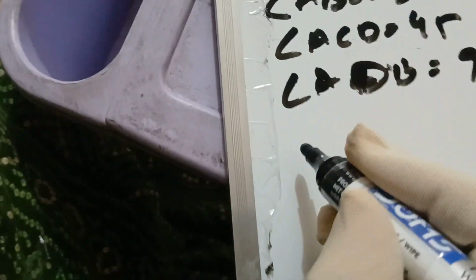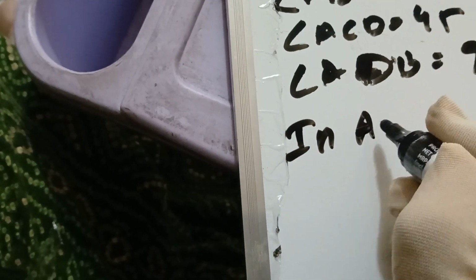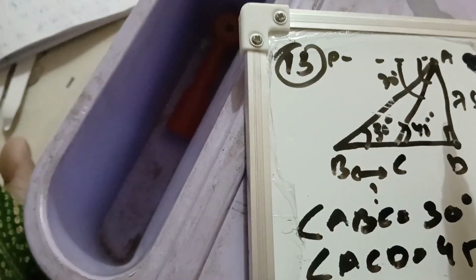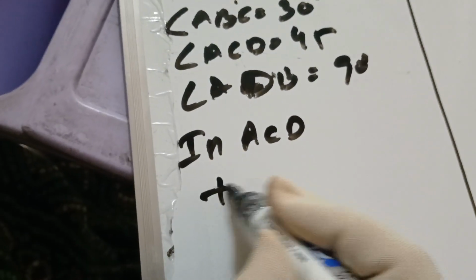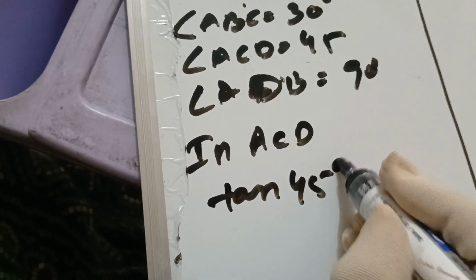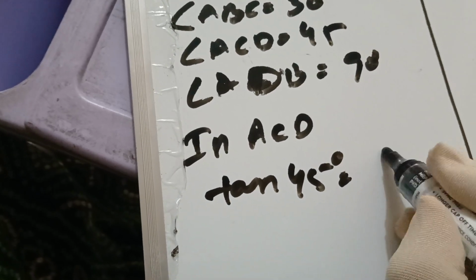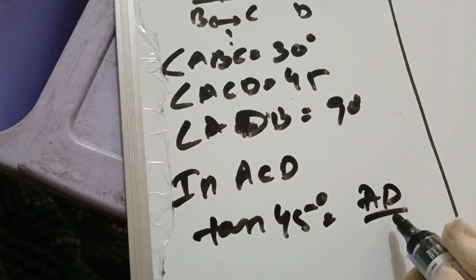Now in triangle ACD, tan 45 degree is equal to AD by CD, opposite by adjacent.